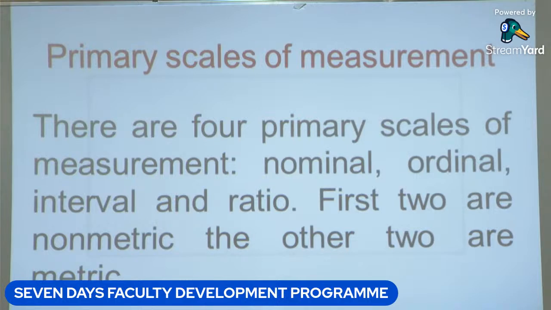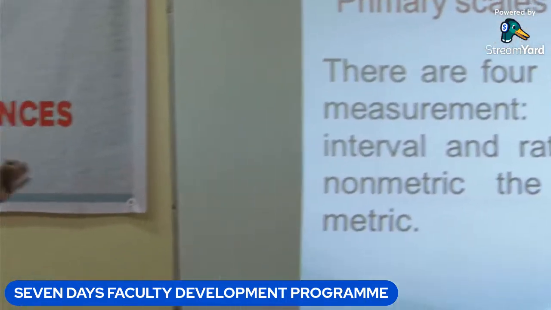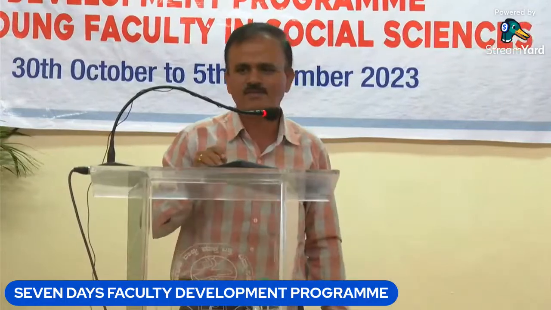And again, these 4 scales of the variables, or the measurement scales, are broadly divided into 2. One is metric, the other one is non-metric. The first 2, that is nominal and ordinal scales of measurement, are non-metric.